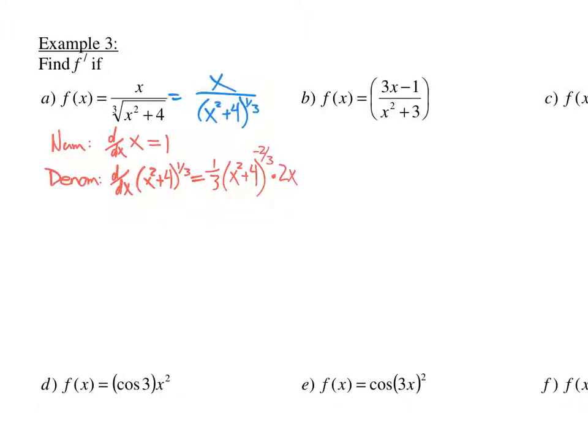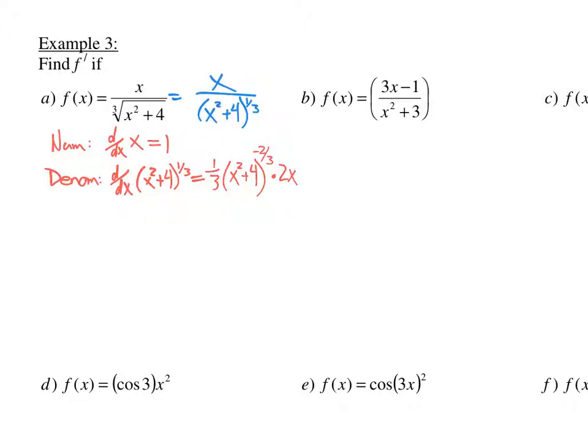Okay? So you see how you can think that through. The key here is leaving this inside alone when we do the derivative of the outside. That's the number one mistake students make when they're trying to do it this way, is they take the derivative in there or something, okay?